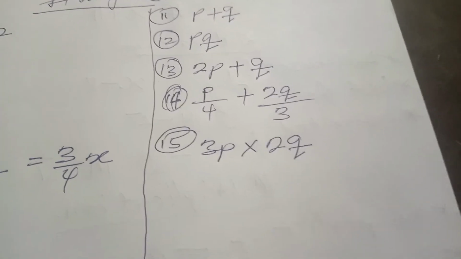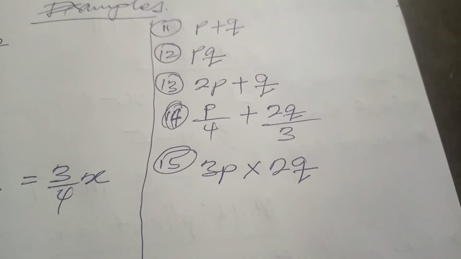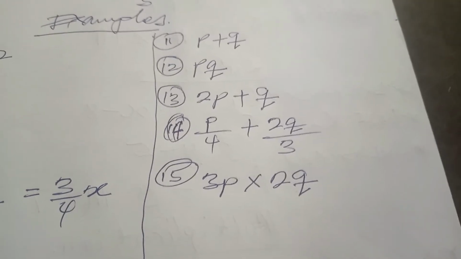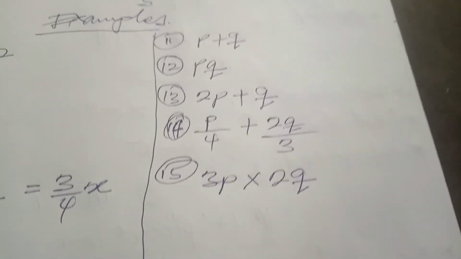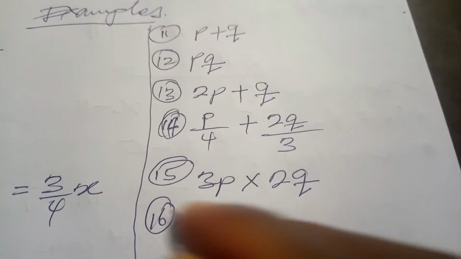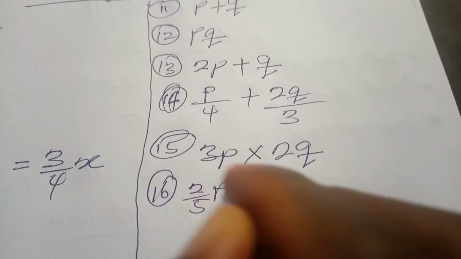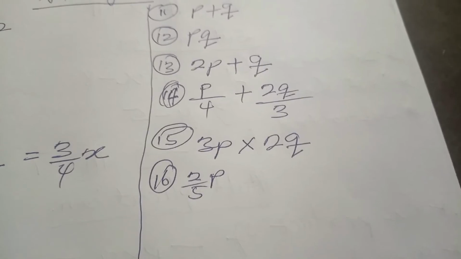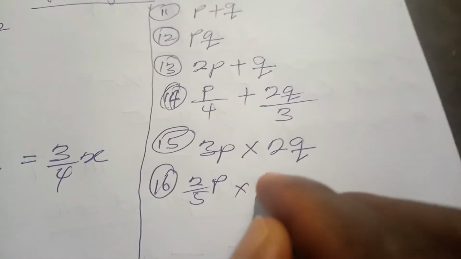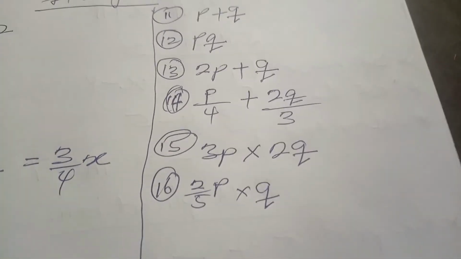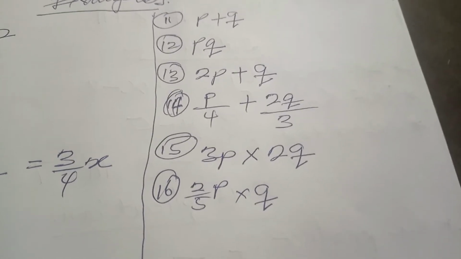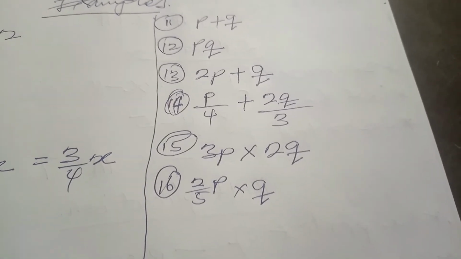But we are just learning how to form the expressions for now. Then product of 2/5 p and q. So 2/5 p is 2 over 5 p, which is the same as 2p over 5, and q.